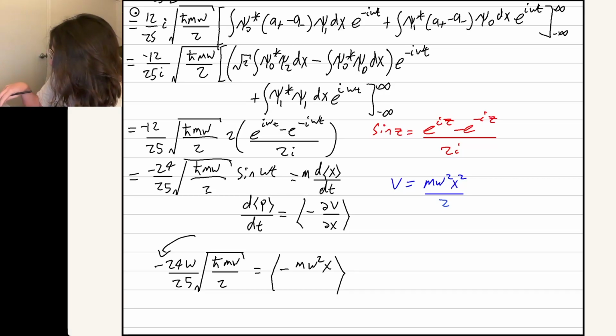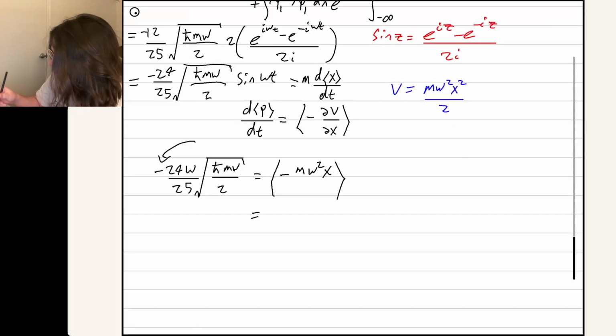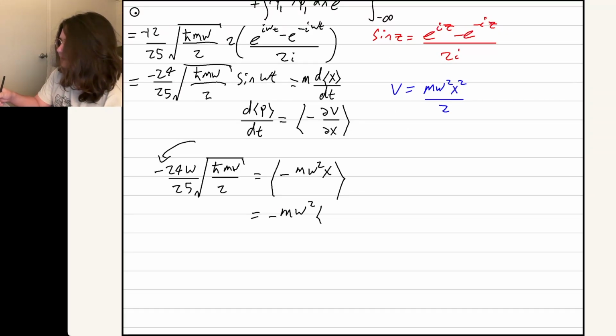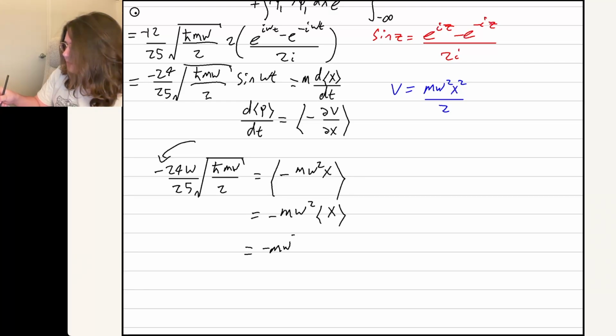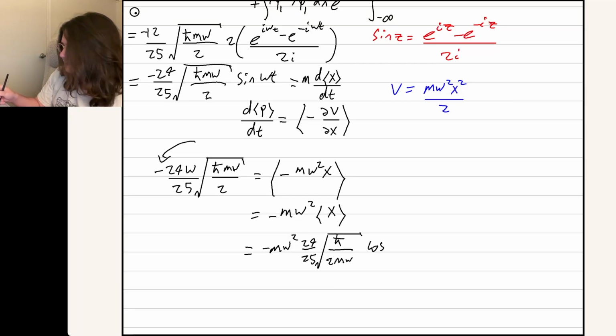And we can go ahead and pull out the m and omega squared from here because those values are constant, and we just have the expectation value of x, which for that we got 24 over 25 square root h bar over 2m omega cosine omega t.